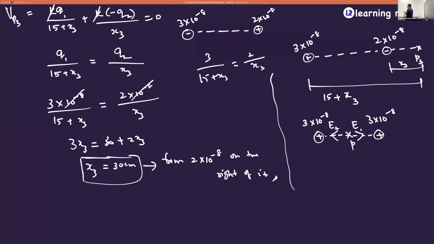Then I'll go to another important concept called equipotential surface. After that, I will show you the relation between electric field and potential. Hopefully, I'll be able to do till that point tomorrow. Hopefully, let's see.